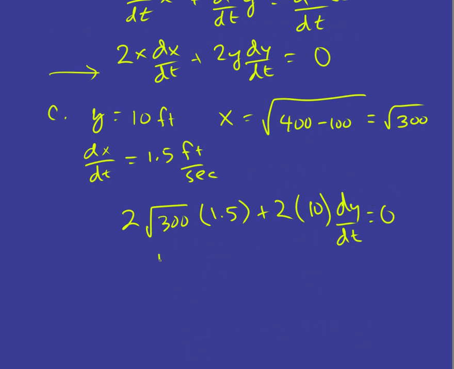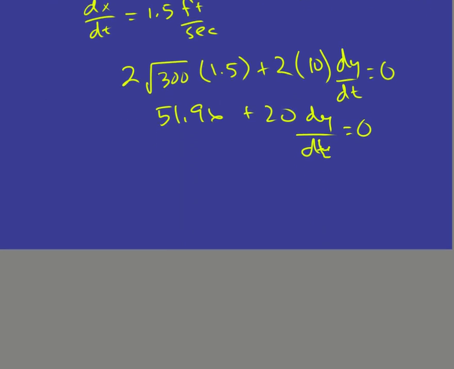So we calculate this as 51.96 plus 20 dy/dt equals 0.